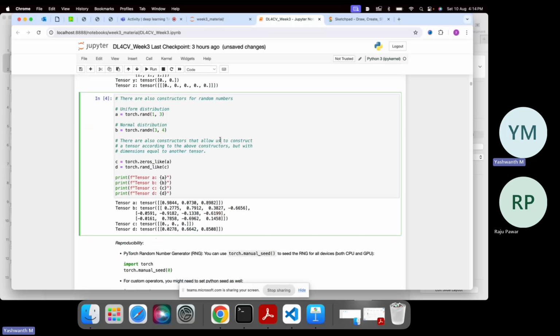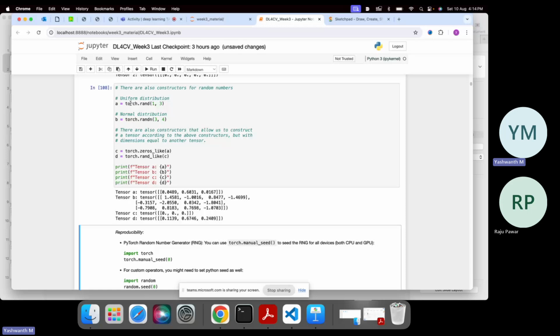Some things on random numbers, similar to what we discussed in NumPy. This is torch.rand, a uniform distribution, meaning these numbers are picked from a uniform distribution from 0 to 1.